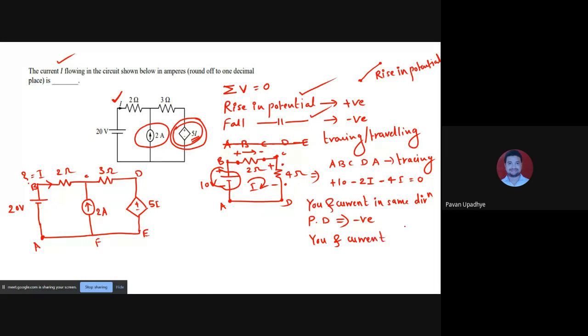If you and current are in the opposite direction, then the potential drop should be considered positive. So you can make a note of this, and we will apply these thumb rules and write the equations. Okay, so I shall rub these unnecessary things now.